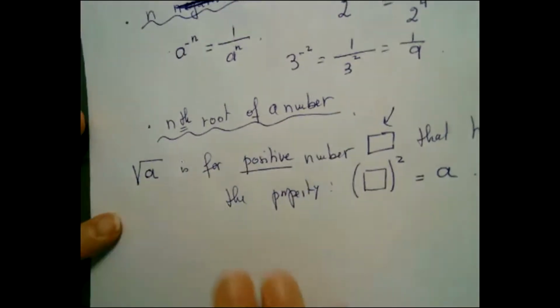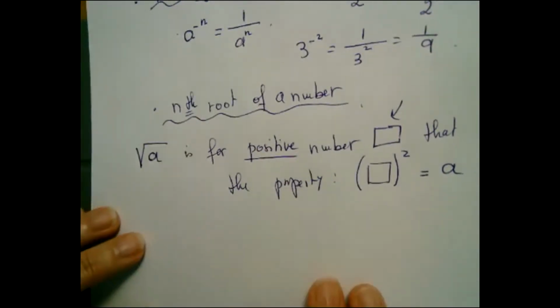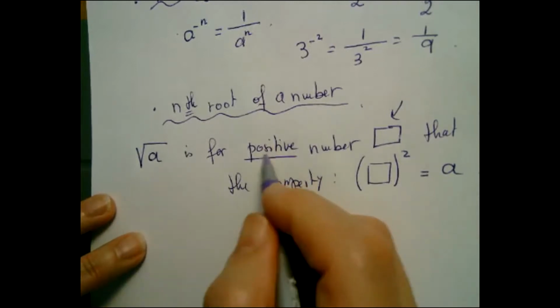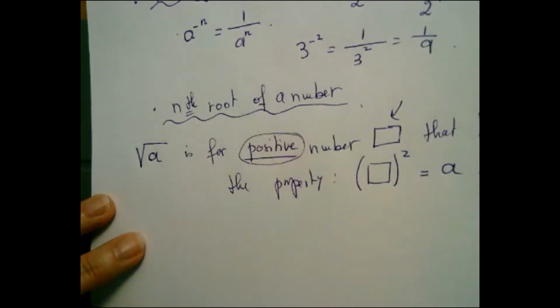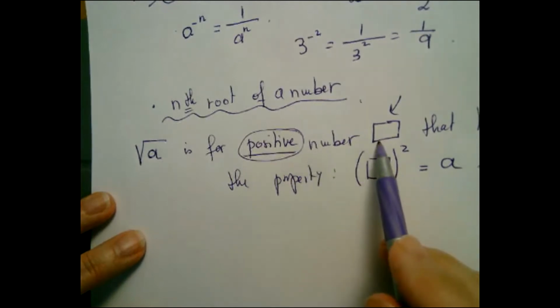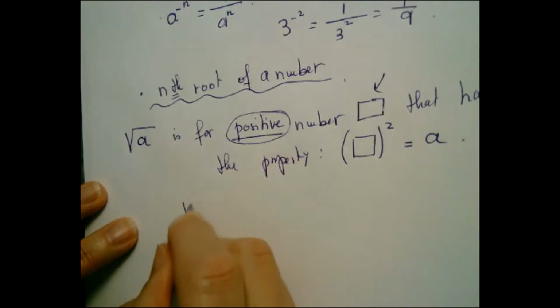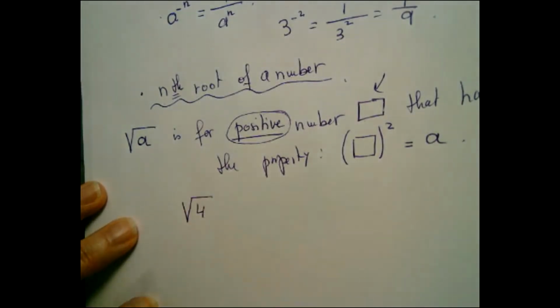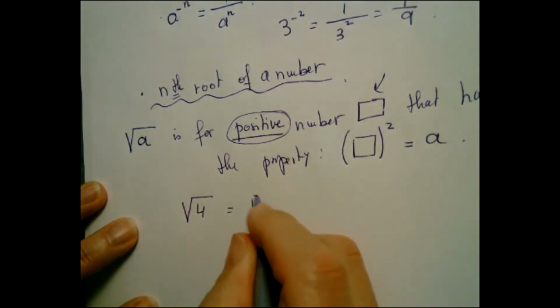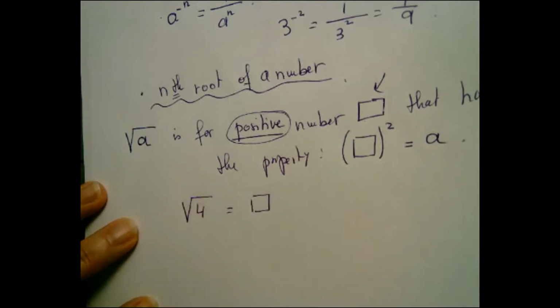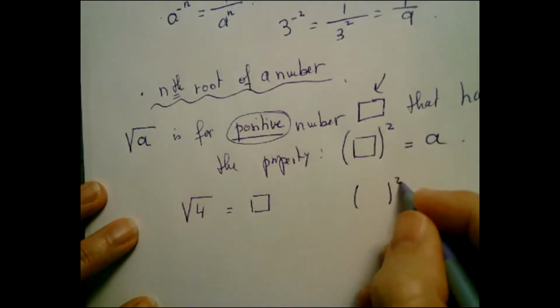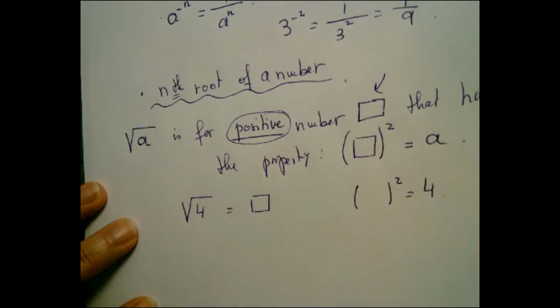All right, so that's the very simple one, the one that we always work with. So that's the positive number, and this is, of course, I circle it. It's a positive number, I'm going to call it box, that has the property: when you square it, you get a. So based on that, what's the square root of 4? It's the positive number such that when you square it, you get 4.